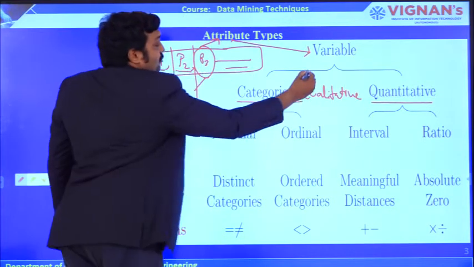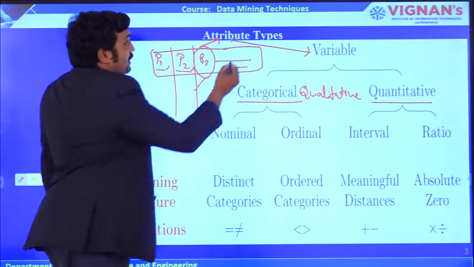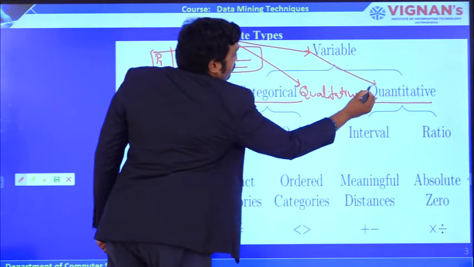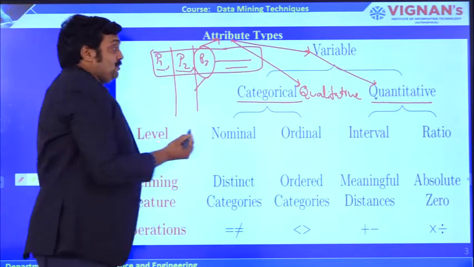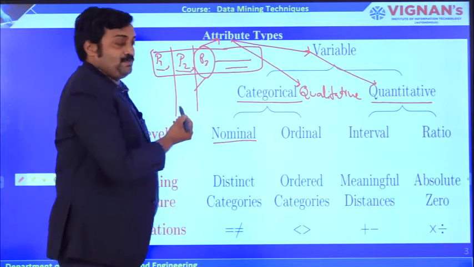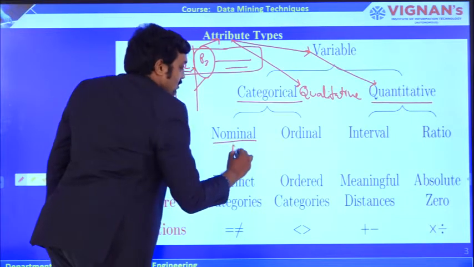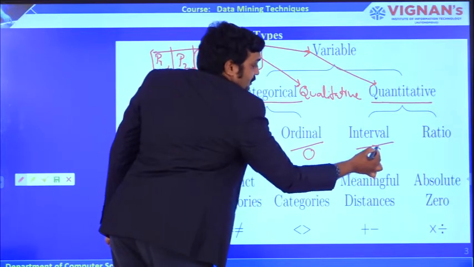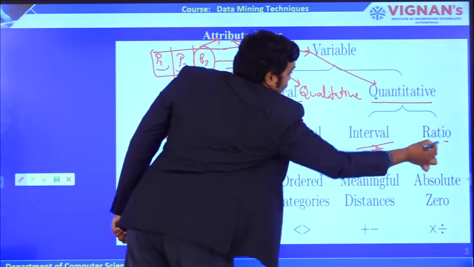One is qualitative, another is quantitative. Now, under this we have the four major types: nominal, ordinal, interval, and ratio.